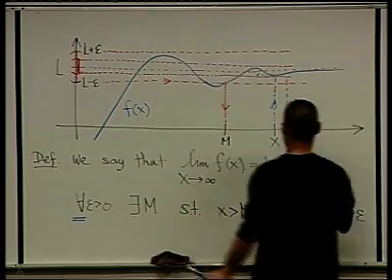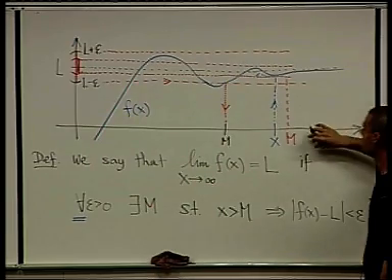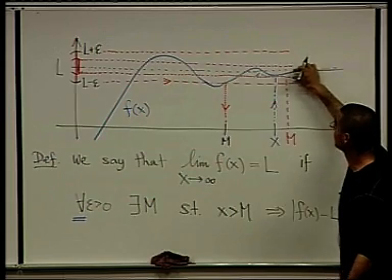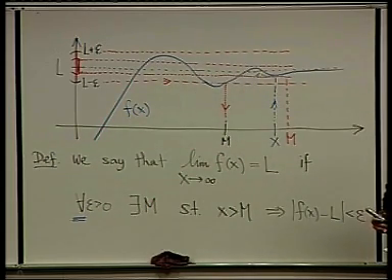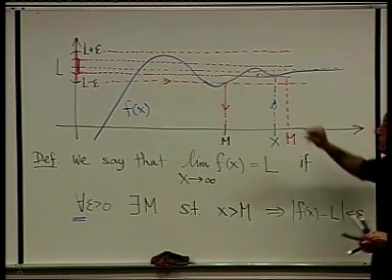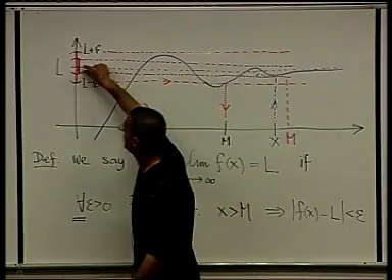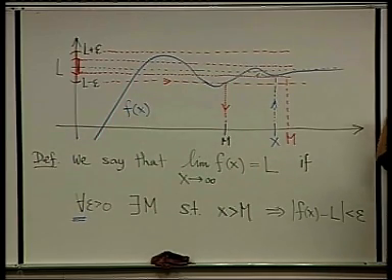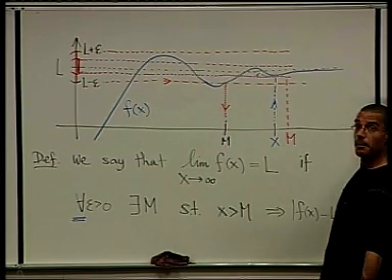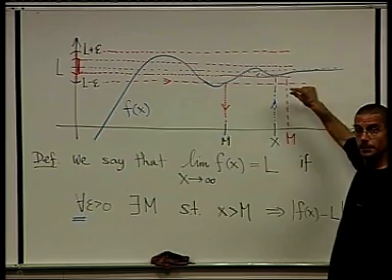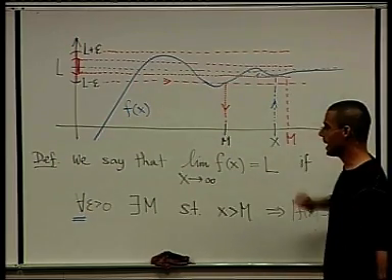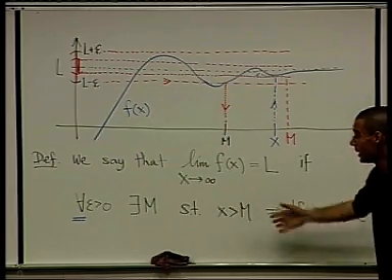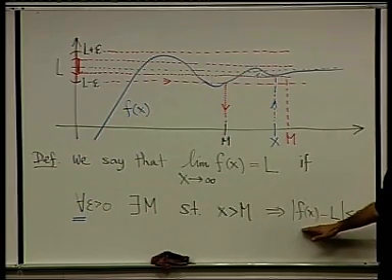Now any x beyond this M would satisfy that the values of f are in this red sleeve. And if you want to guarantee being inside this even tinier sleeve, you may need to go all the way to that board or maybe beyond, to guarantee that if you're bigger than that, you're in that sleeve. So that's the definition of the limit as x goes to infinity.